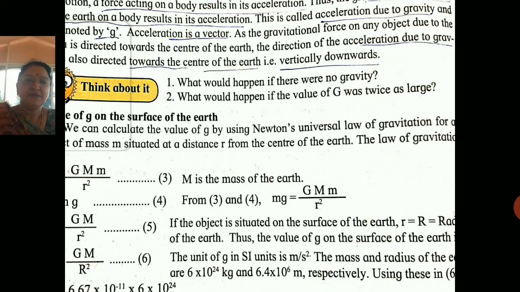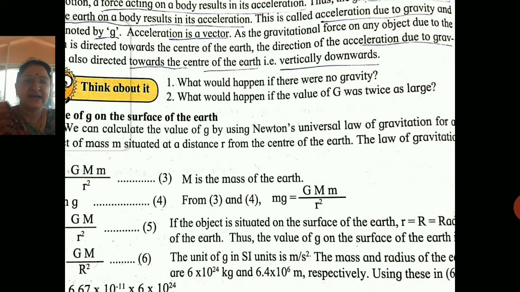Now the weight of the object is equal to the force of attraction, and so we equate both equations, equation number 3 and equation number 4. By equating both the equations, mg is equal to GMm upon r square.